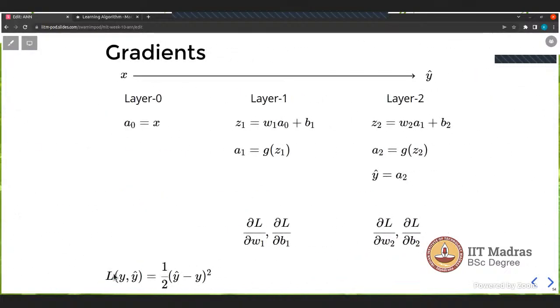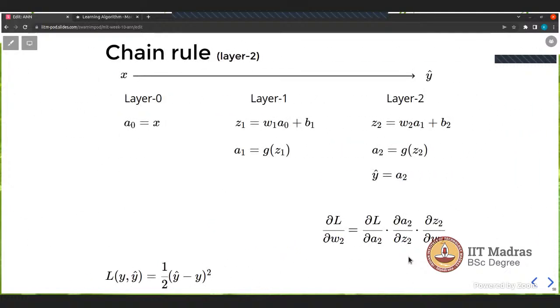After you have got the loss, you have to do the gradient computation. You need these 4 values: dou L by dou W1, B1, W2, B2. You start from layer 2. Take dou L by dou W2, for example.